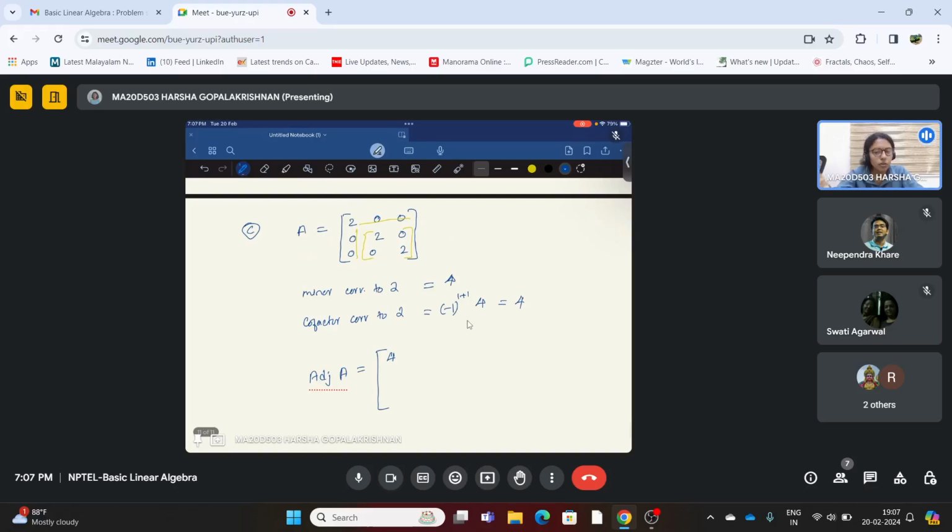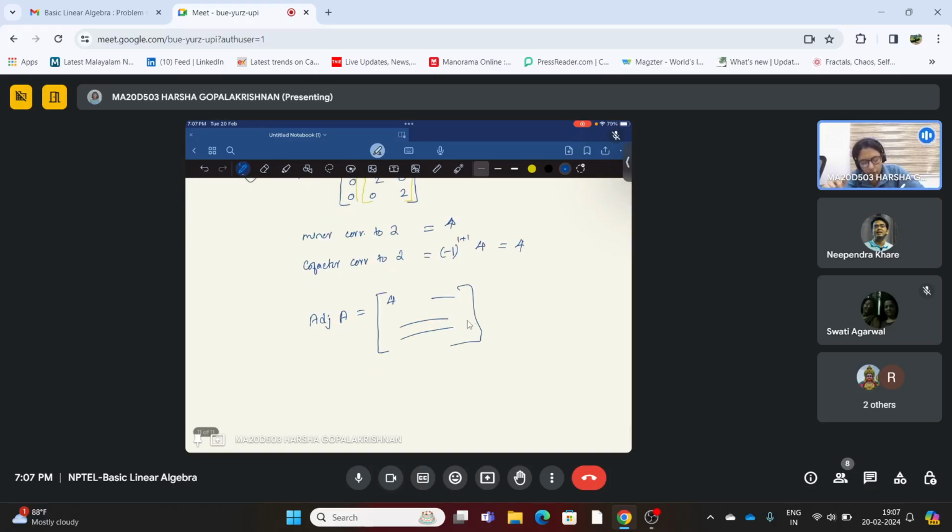Do I need to go further? No, because the first element is not the same as in the previous case. For A the first element is 2, for adjoint of A it is 4. So whatever comes elsewhere does not matter. Adjoint of A does not equal A. That is the only question: adjoint of A equals A or not. And we found that it is not equal.